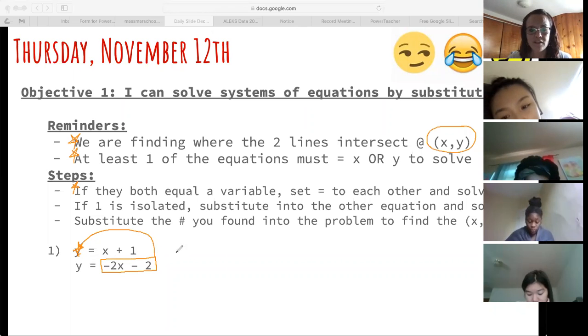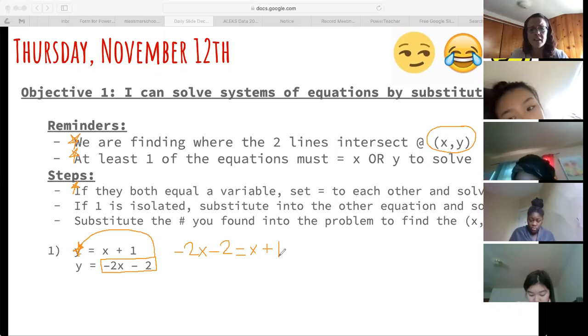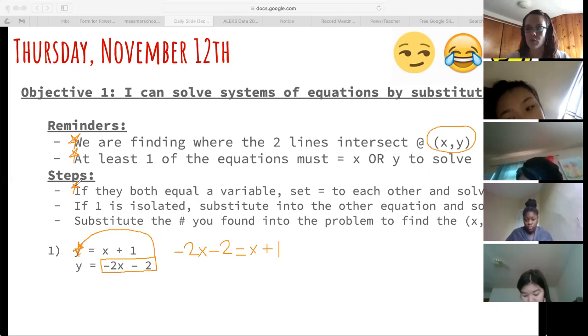So if I rewrite this equation, I'll have negative 2x minus 2 equals x plus 1. All I did was this first step that I suggested: I set the 2 equations equal to each other. If y is equal to x plus 1 and it's equal to negative 2x minus 2, then they have to be equal to each other. That is how I started the problem.